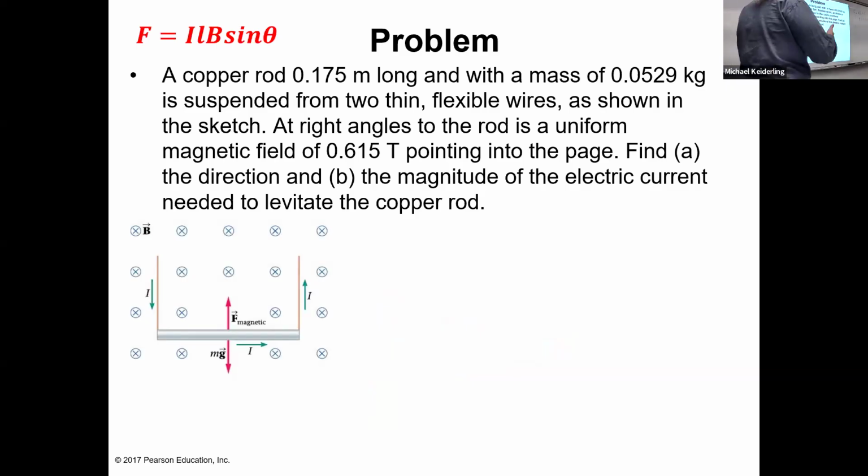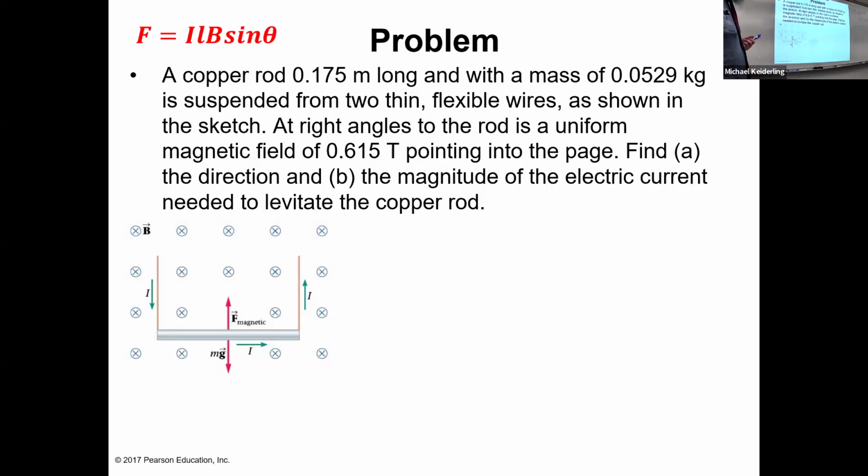So here we have a copper rod that's 1.75 meters long and has a mass of 0.0529 kilograms, and it's suspended from two thin flexible wires. At right angles to the rod is a uniform magnetic field of 0.615 Tesla pointing into the page.